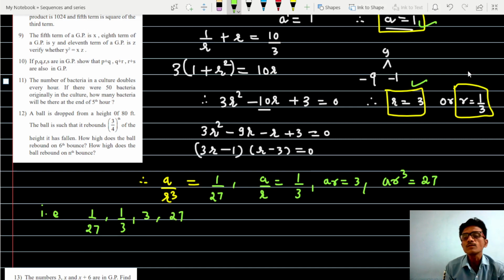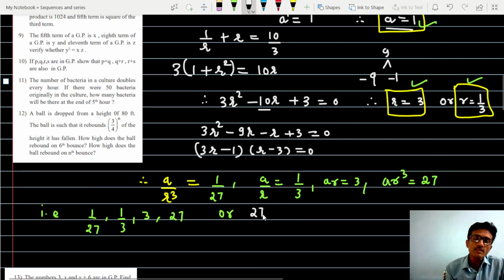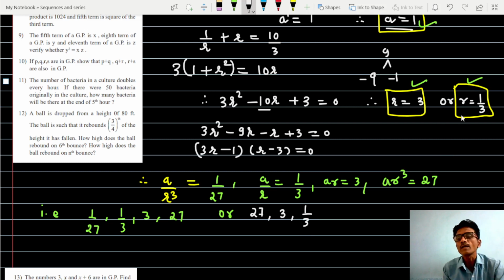If you take r is equal to 1 by 3, so what will you get? It is 27, and the same numbers in the reverse order you will get. That means first 27 will come, then after that 3 will come, then 1 by 3, because r is equal to what are you taking? 1 by 3.